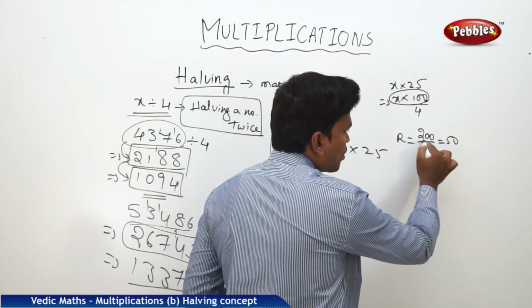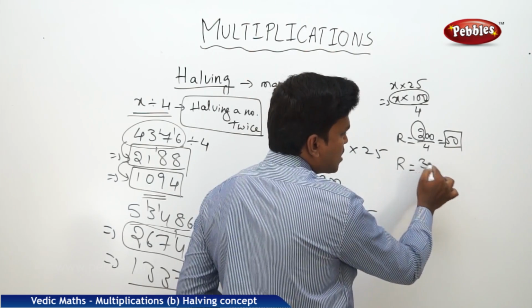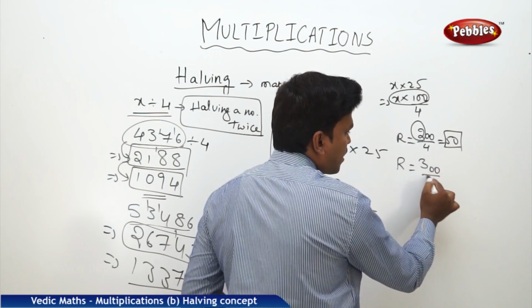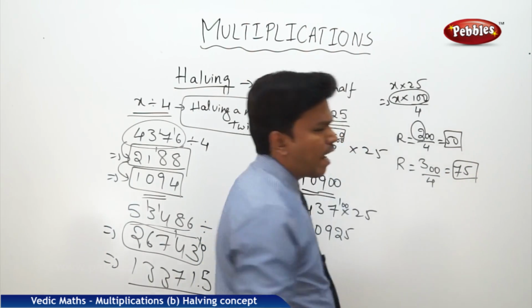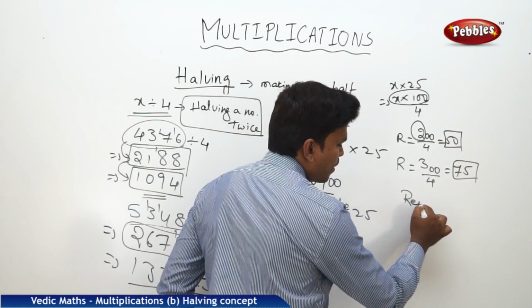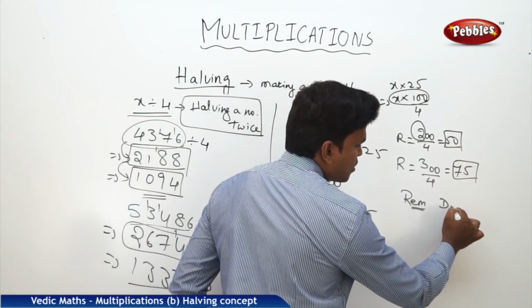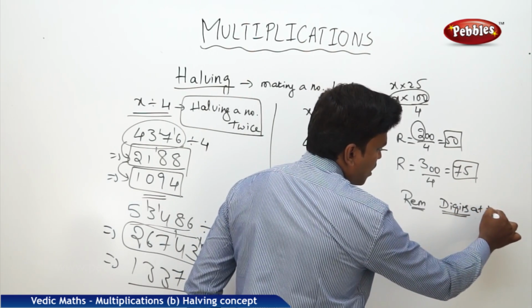So whenever you are getting 2 as remainder, you have to add 50 at the end. Similarly, if you are getting 3 as remainder, that is 300 by 4, which means you need to add 75 at the end. See once again, this is the remainder and these are the digits you have to add at the end.